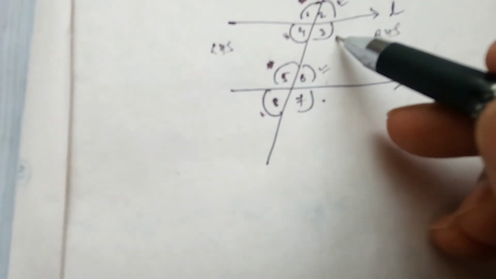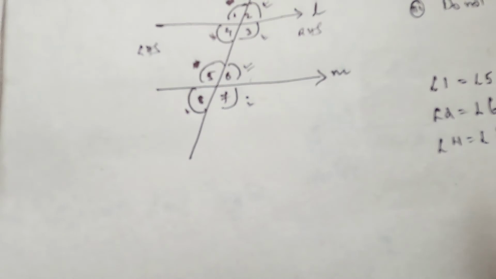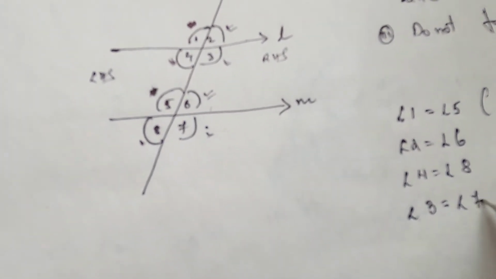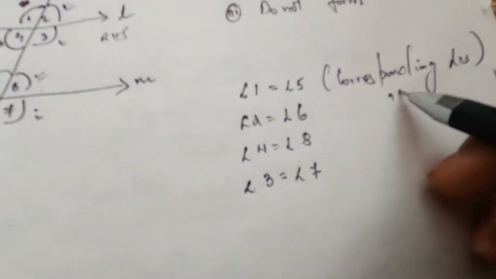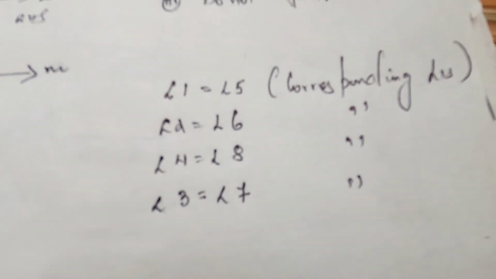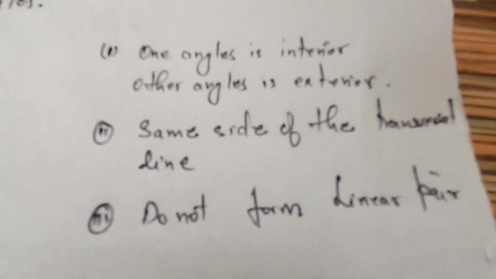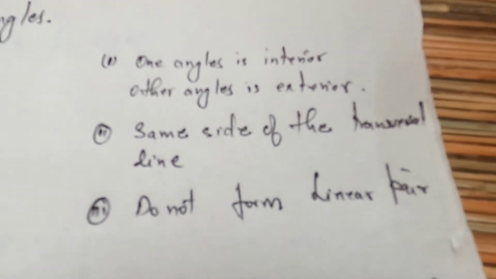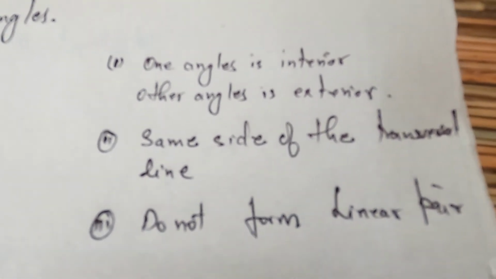And lastly, angle 3 and angle 7, angle 3 is equal to angle 7. Alright, so these are the 4 corresponding angles, and you should know the condition of the pairs of corresponding angles.